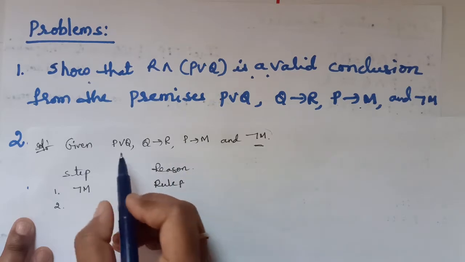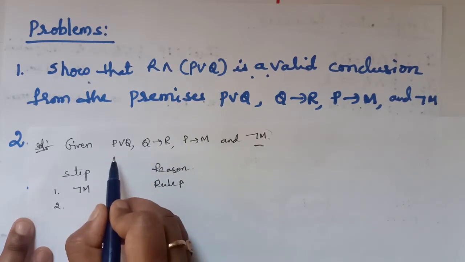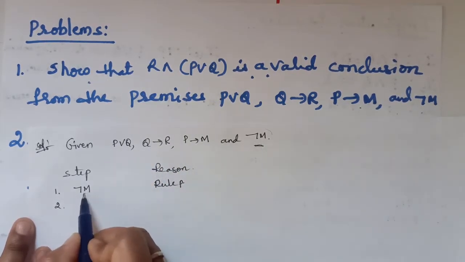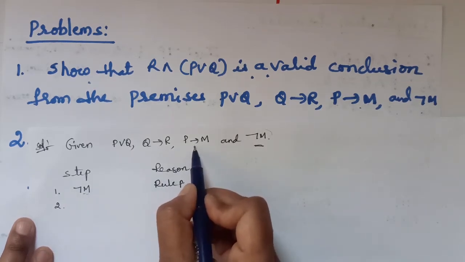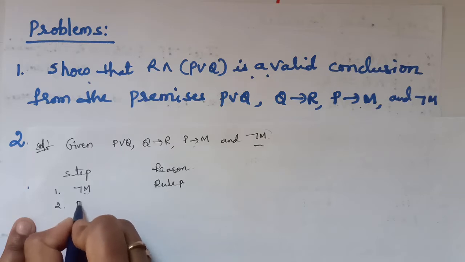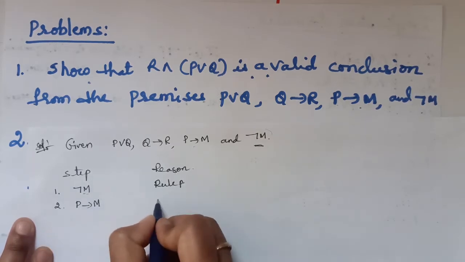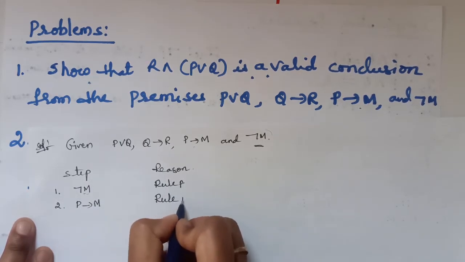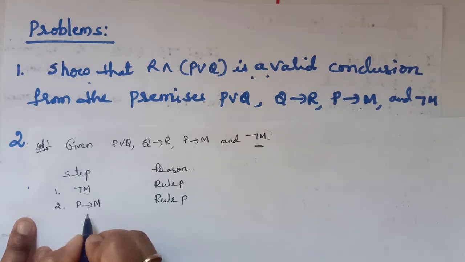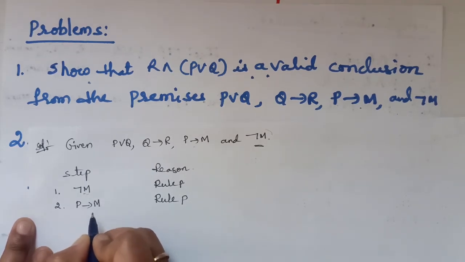Next, select any one of these premises. Here in the first premise you have negation M. So next I am selecting P conditional M as a second premise. So I have introduced another premise in the derivation, that is P conditional M.